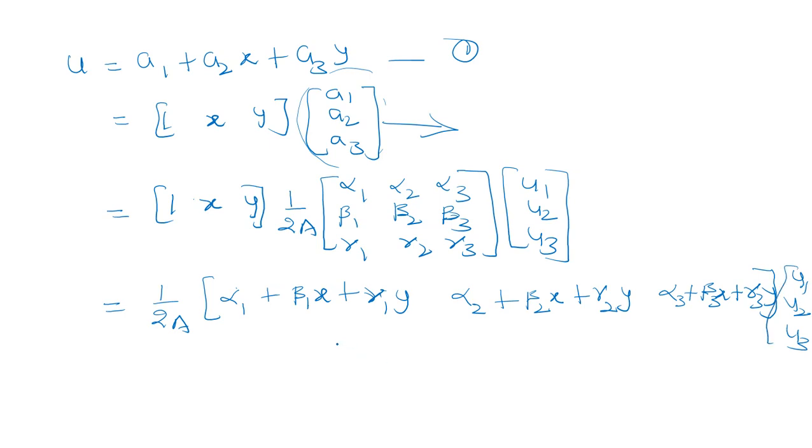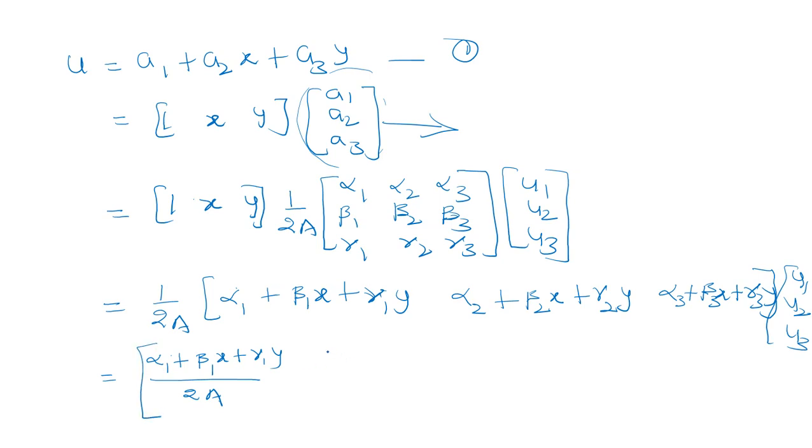Then once again we can write it as alpha 1 plus beta 1 x plus gamma 1 y divided by 2a. This is the N1.